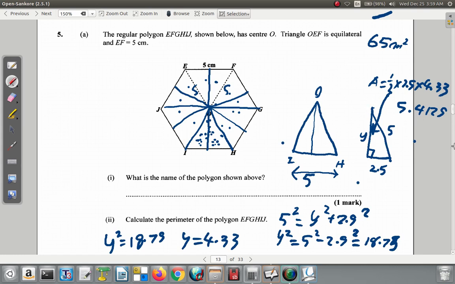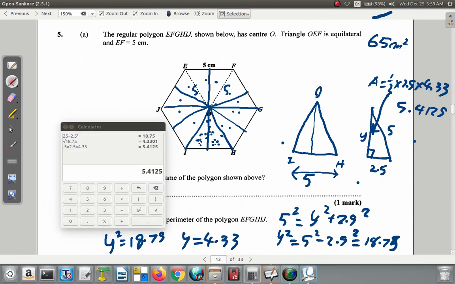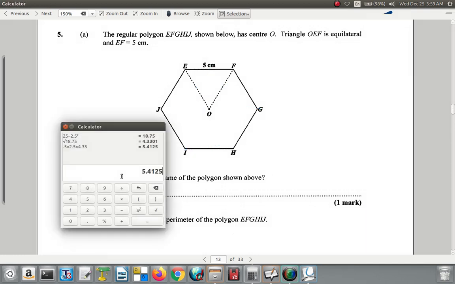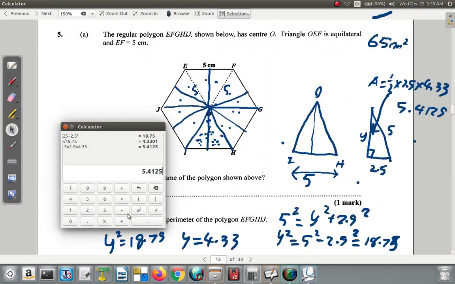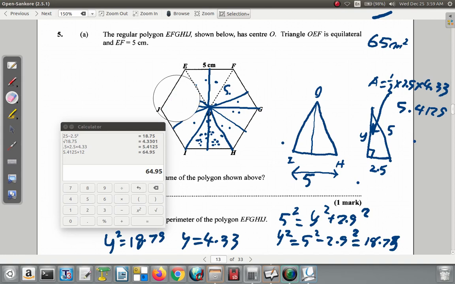So multiply the 5.4125 by 12 and see what you get. Times 12 equals, and you get close to 64.95. Alright, so that is shown.